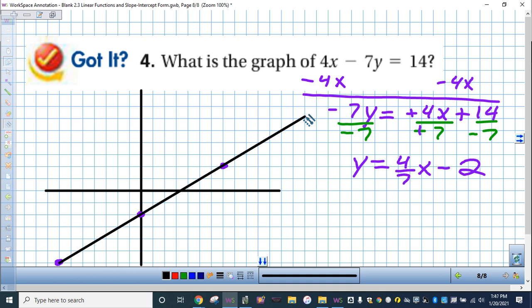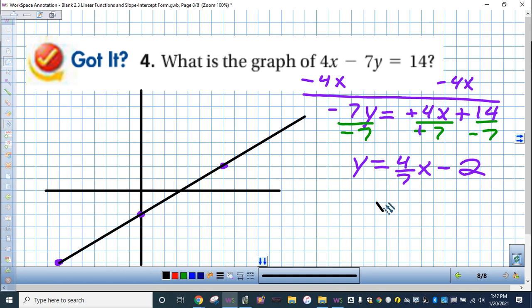Okay, good. So I started at negative 2, boom. I go up 4 and right 7. So from here, I counted up 1, 2, 3, 4, right 7. Now if I count up 4 and right 7, I can also count down 4 and left 7. So that's what I did for that bottom point.